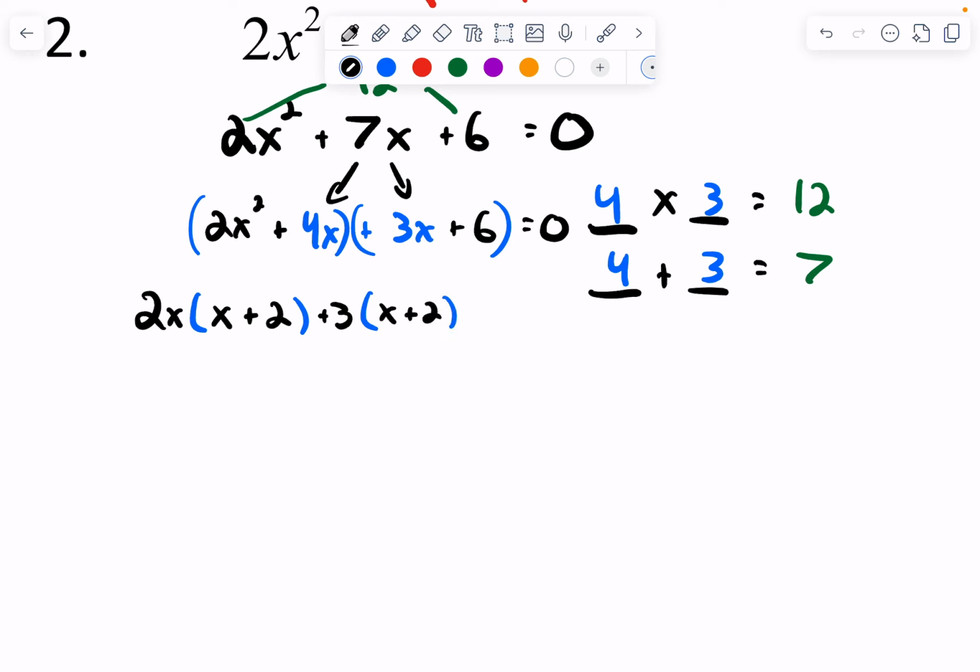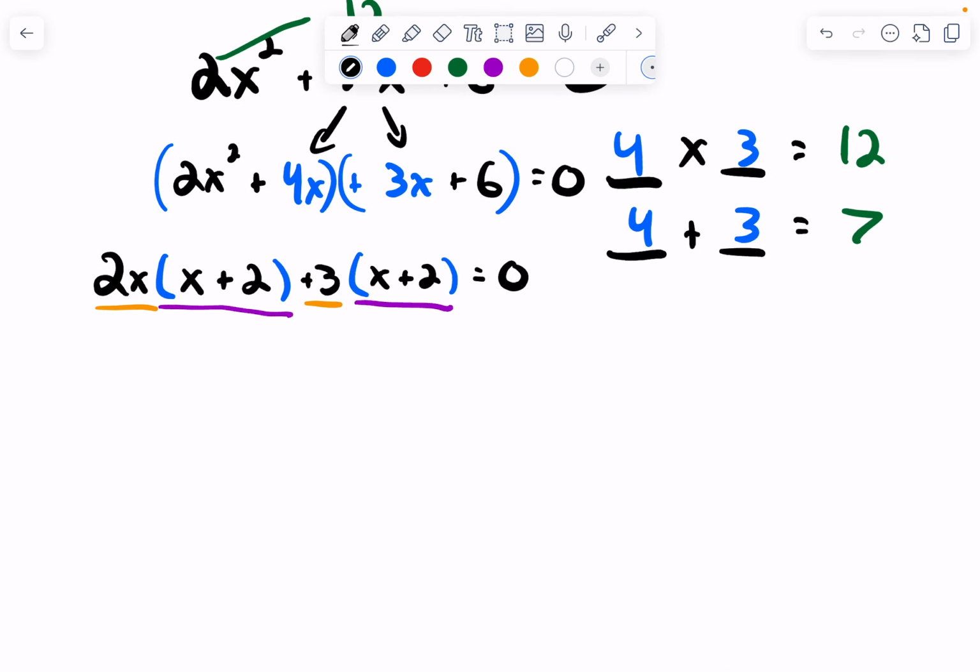And again, it's an equation, so it's still equal to 0. You have your common bracket here, and you have everything on the outside. So put those into their factors. You have your first bracket, which is everything on the outside, and again, it doesn't matter which one you do it as. So there's everything on the outside, and then here's the common one: x plus 2.